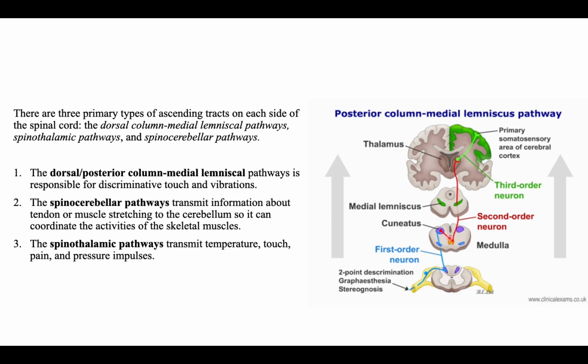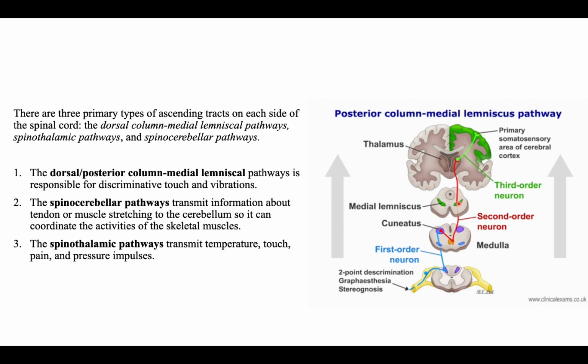So the second order neuron will cross the midline at the level of the medulla and then rise as an axon of the second order neuron through the rest of the brainstem towards the thalamus. Now, as it is going so, we call that the medial lemniscus pathway.